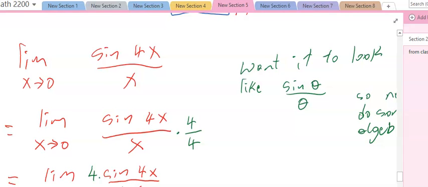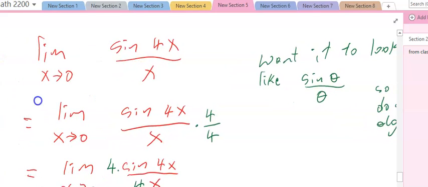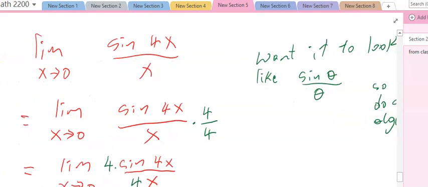Now previously we evaluated sine of theta over theta, and so for sine of 4x over x, we want the arguments in the numerator and the denominator to look alike. If there's a 4x in the numerator, we want to have a 4x in the denominator. So we have to do some algebra to make our expression look like sine of theta over theta.